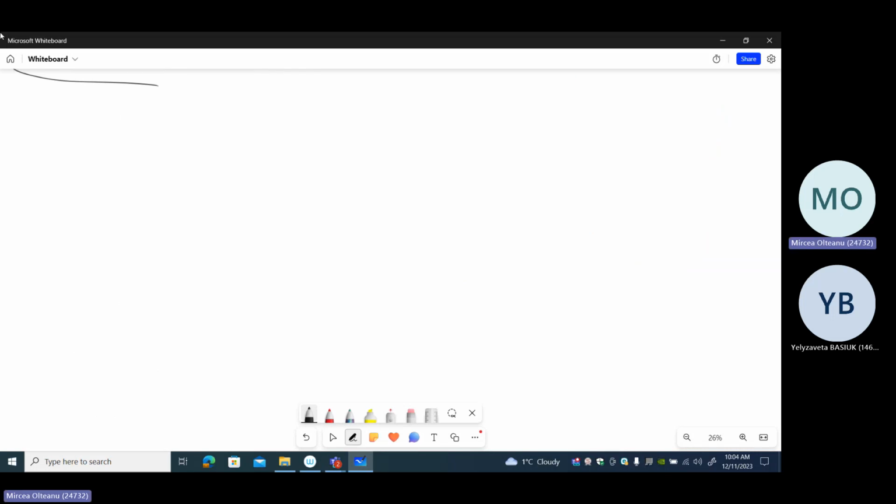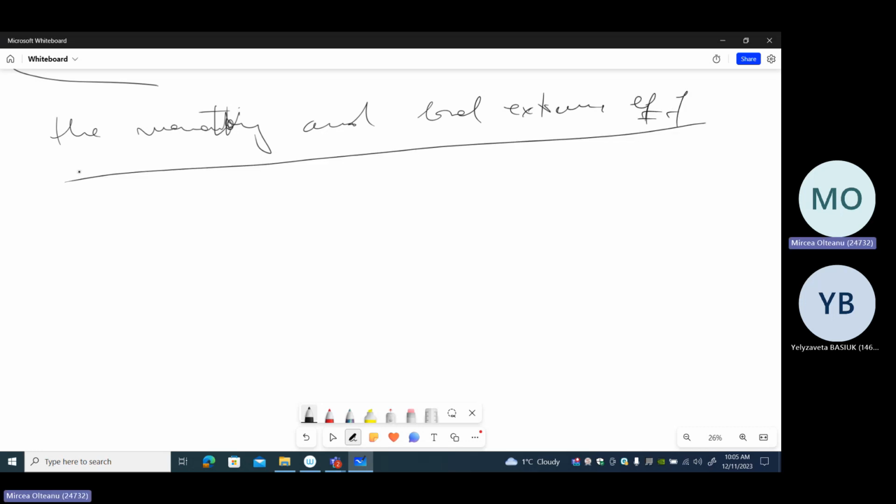So if we want a method to study the monotony and to find the local extrema of a function f, we have the following algorithm.